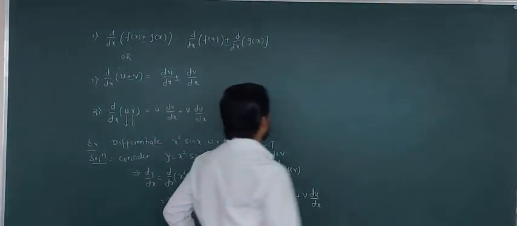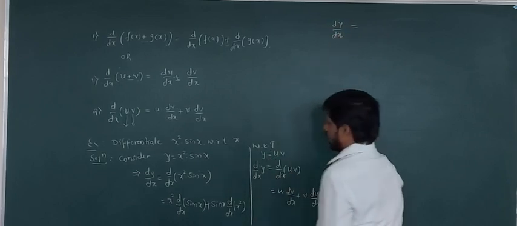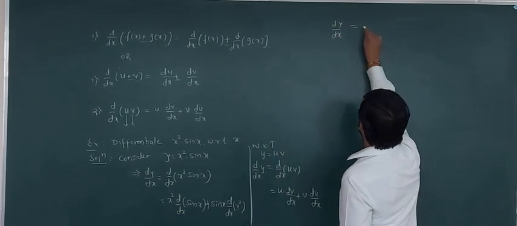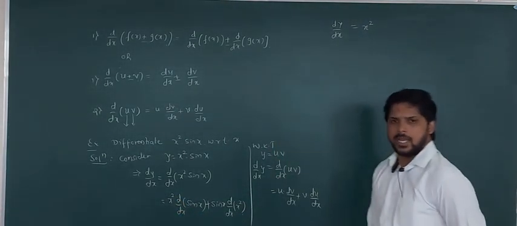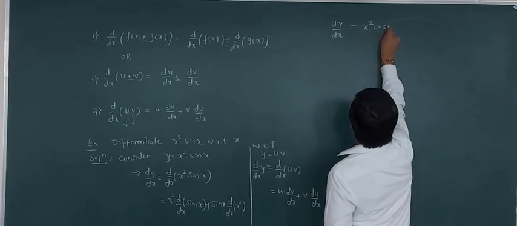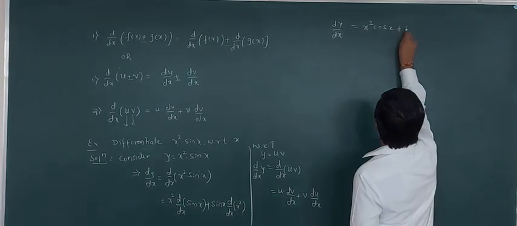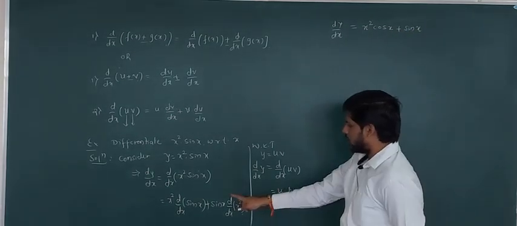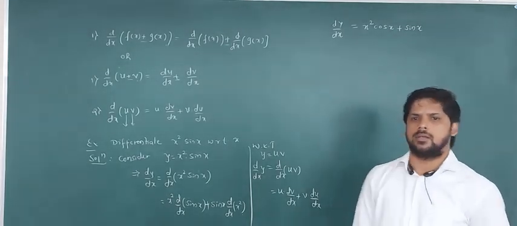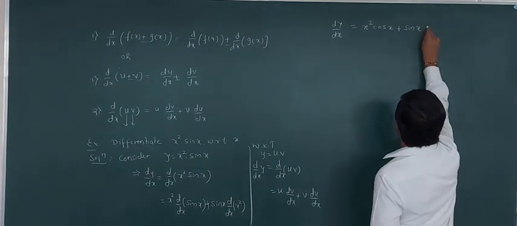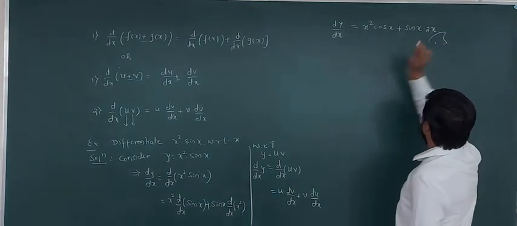Now we simplify the RHS. Keep x square as it is. The differentiation of sin x is cos x, so that is x square into cos x, plus sin x as it is, into the differentiation of x square. Using the x to the power n formula, n into x to the power n minus 1, the differentiation of x square is 2x. So this is our required solution.